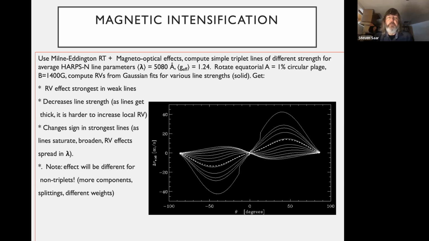So that gives an average wavelength of about 5,000 angstroms, average effective Landé g of 1.2. I used a 1% area plage and a 1400 Gauss field, and computed what the RVs appeared to be from Gaussian fits of the resulting line profile. And this is what you get.